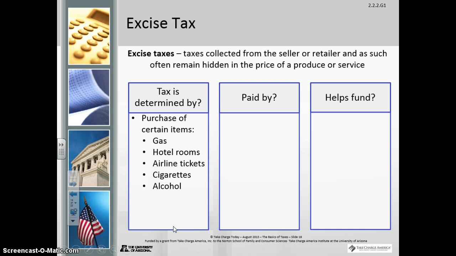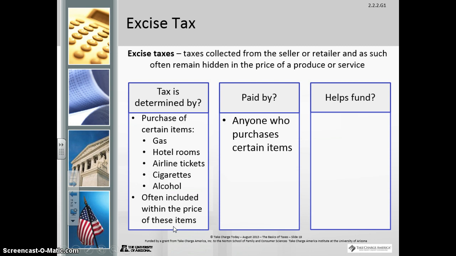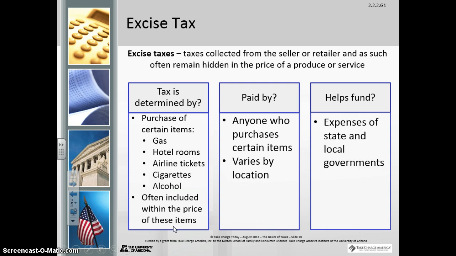That's an excise tax. Hotel rooms, airline tickets, cigarettes, and alcohol. Often included within the price of these items. Paid by anyone who purchases these certain items. And it varies by location. Helps fund expenses, again, of state and local governments.